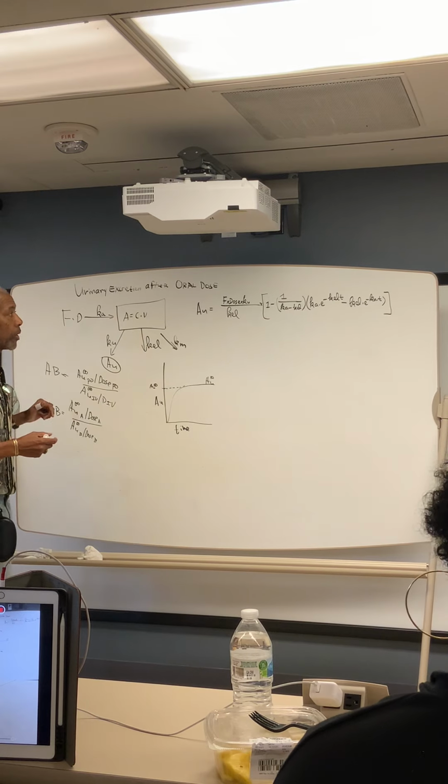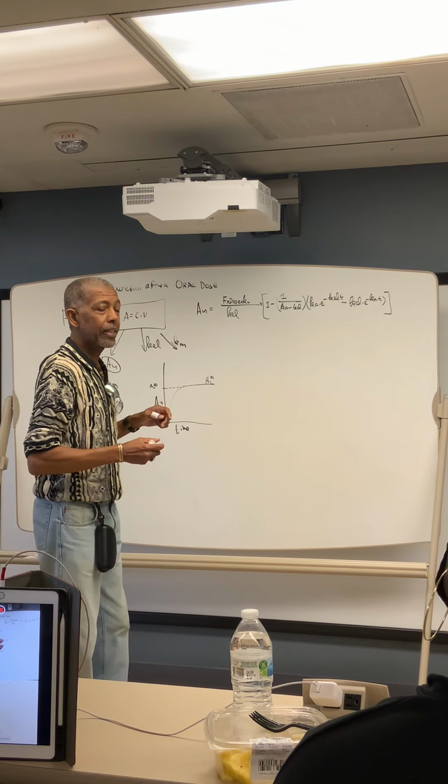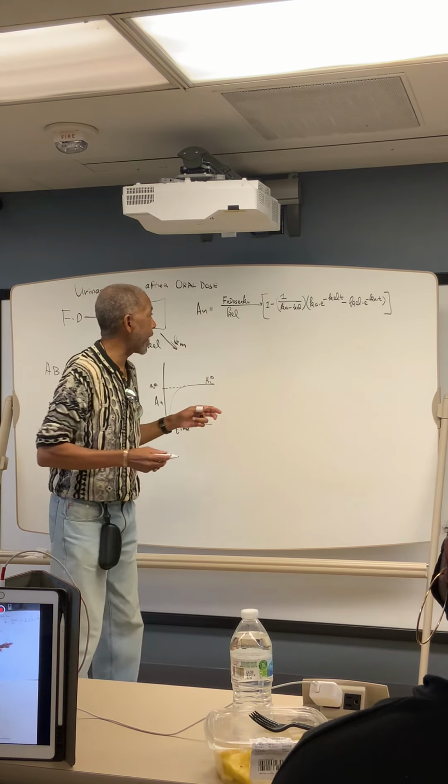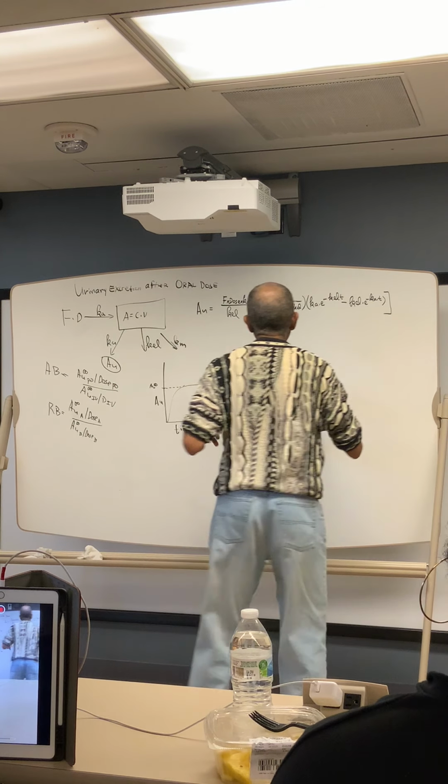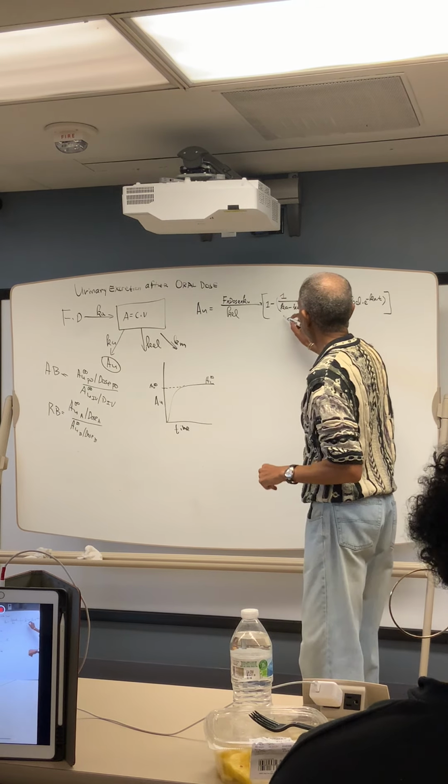So let's look at a couple of things. One is the way you're going to have to do the math. This is 1 minus the product of these two things.